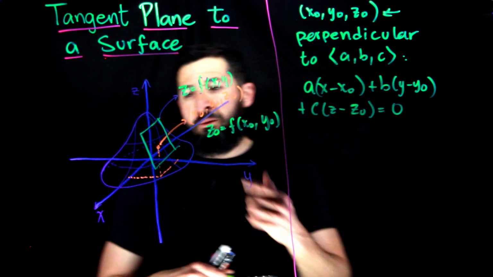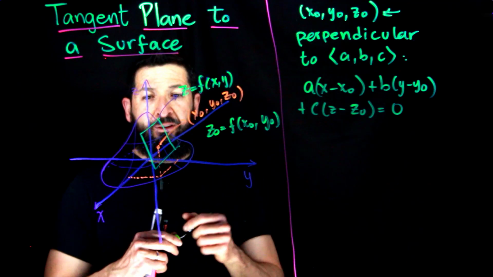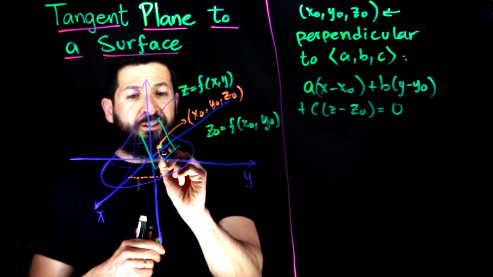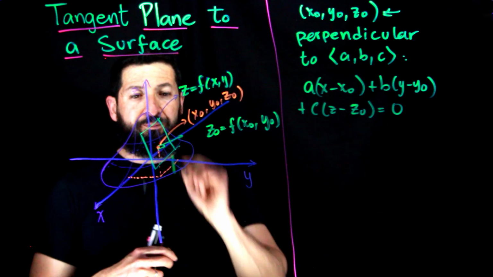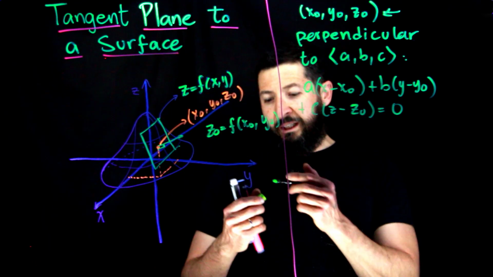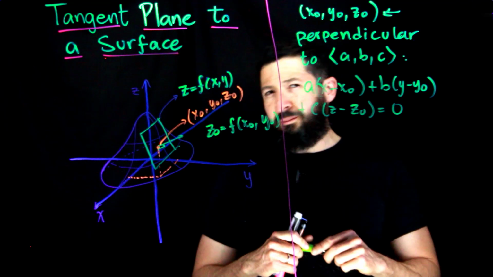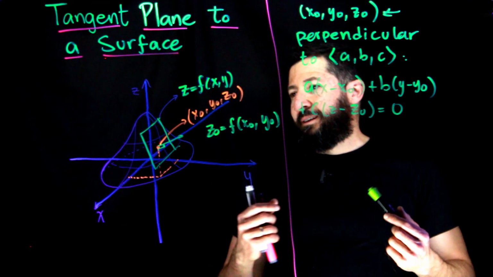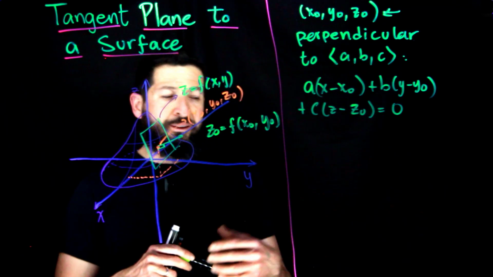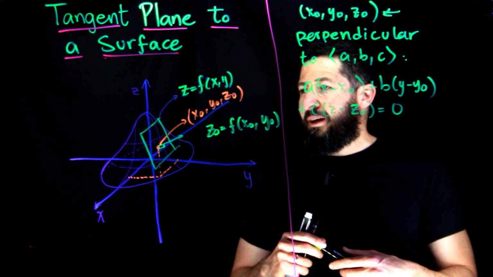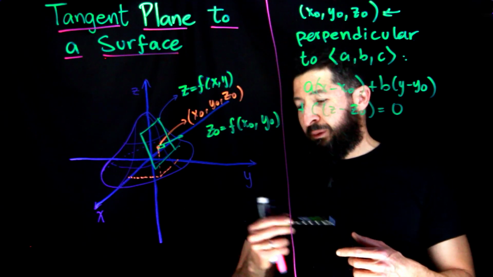So what do I need? I need to find the vector that is normal to this plane, and we can call it n. How do I find a vector that is normal to this plane?